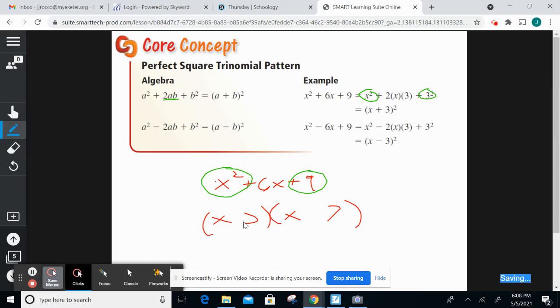You can see the scribble's real nice, but you can't see the 3s. Let me slow down a little bit here. And then check this. This is a plus. These would both be plus. In fact, we can write it as x plus 3 squared. You can see that they have that written right there. Okay?